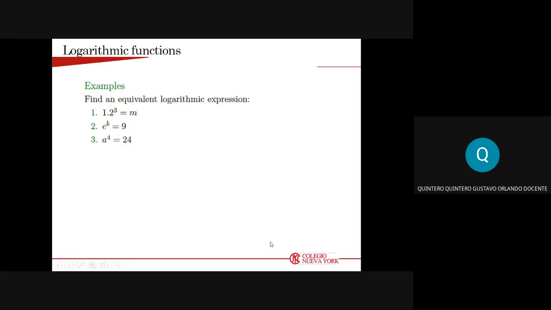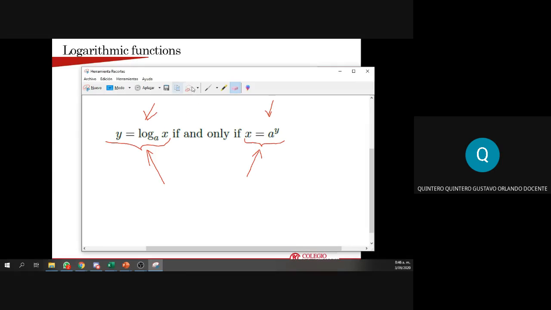Here, let's do the first one. 1.2 to the third power equals m. Let me erase all of this. And let's do it with blue. 1.2 to the third power equals m. Take a look at these.